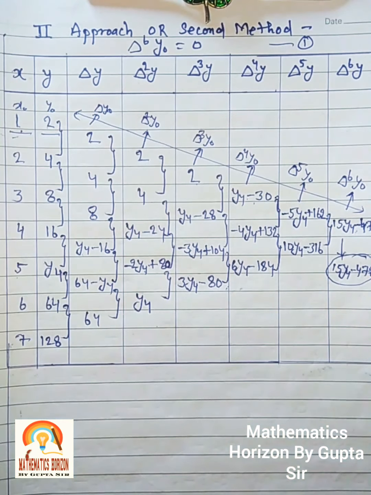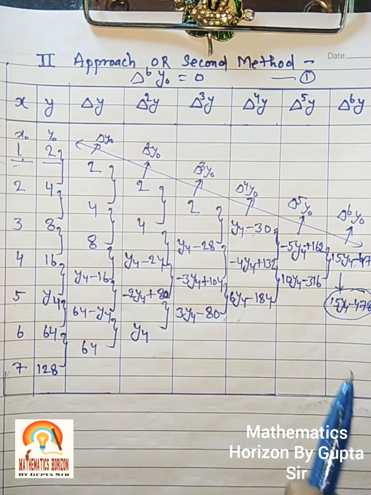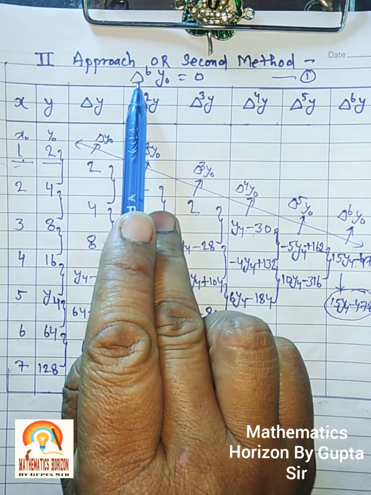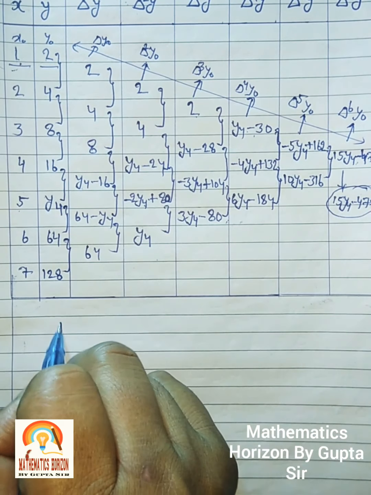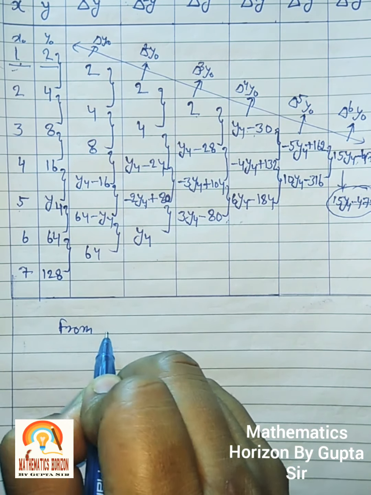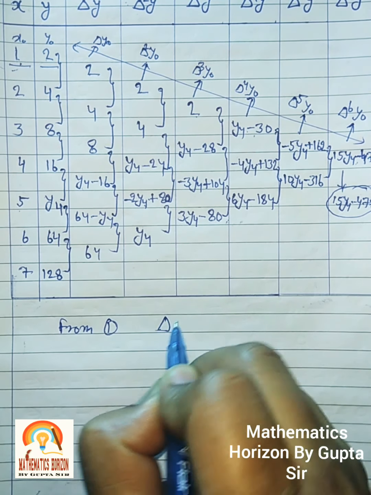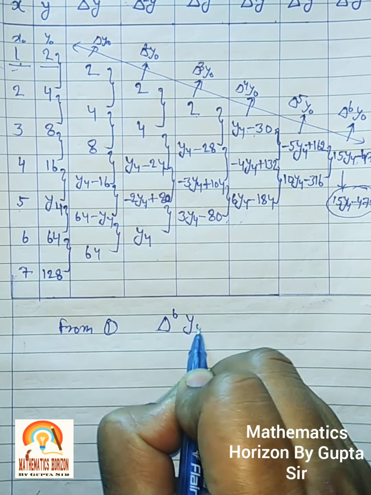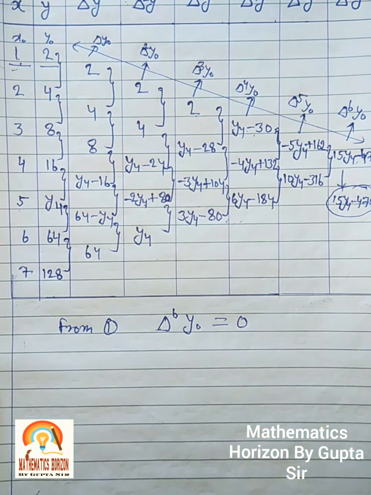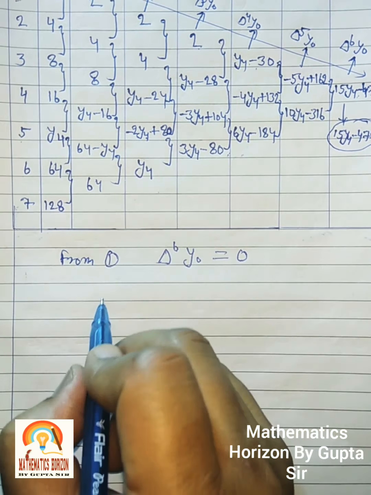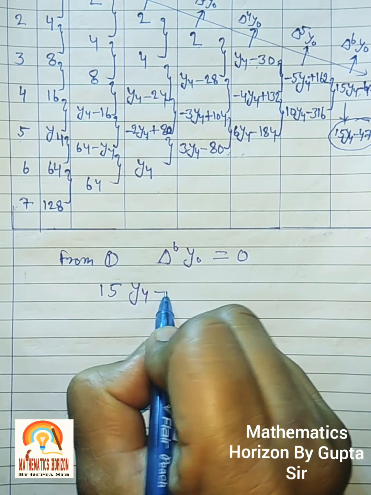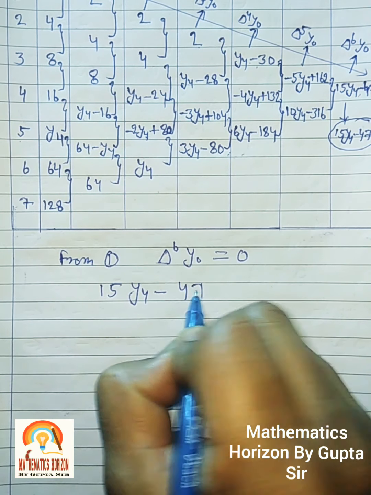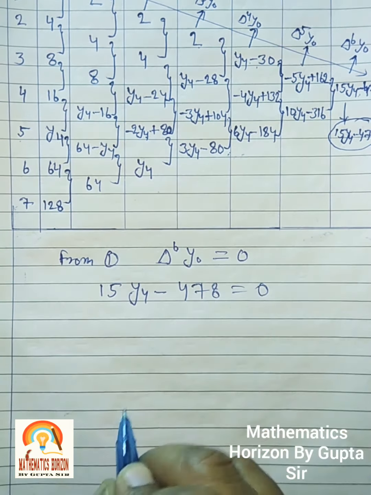Okay, and by the Newton binomial method we know that del 6 y0 equal to 0, that is from equation 1. This is the formula for the Newton binomial method, del 6 y0 equal to 0. And what we have for del 6 is 15y4 minus 478 equal to 0.